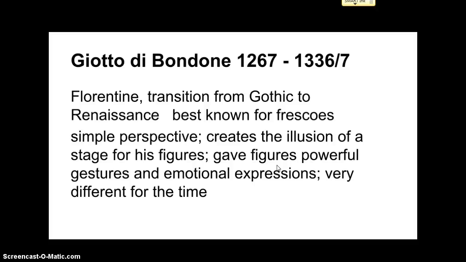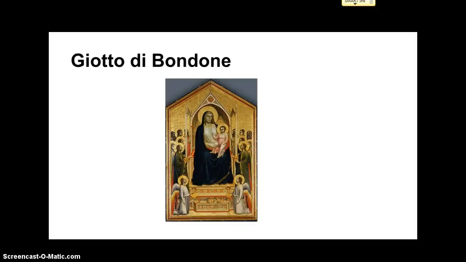He has a simple perspective, and he creates the illusion of a stage for his figures. And he gave his figures very powerful gestures and emotional expressions. This is different. For the first time, figures now have emotions and gestures. Before, they were very flat.